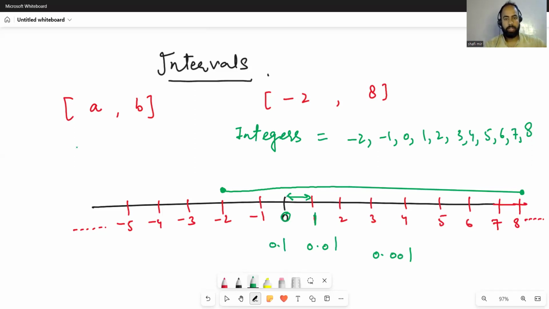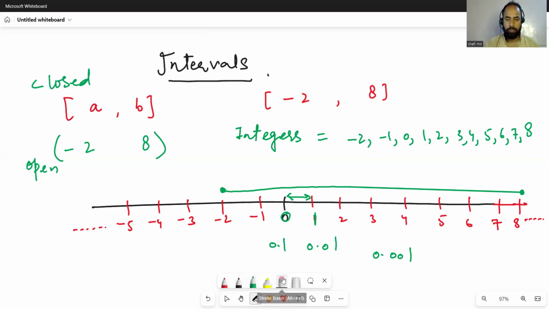Now, if I write minus 2, 8 inside brackets that are not square brackets, it's called an open interval. This was a closed interval, and this is an open interval. It simply means all the real numbers between minus 2 and 8, but minus 2 is excluded and 8 is also excluded.